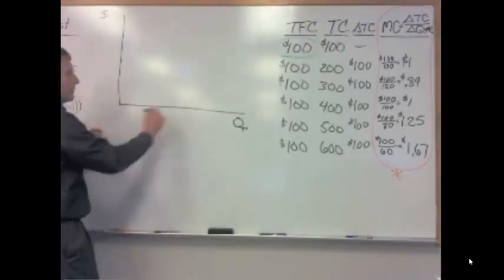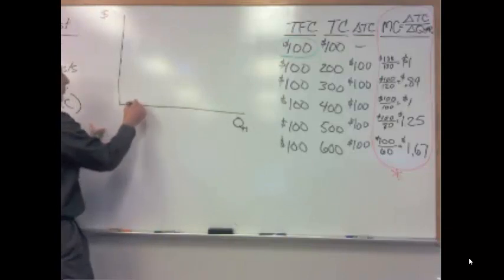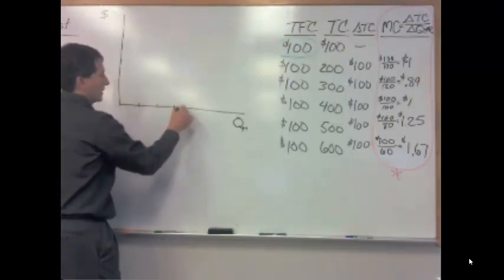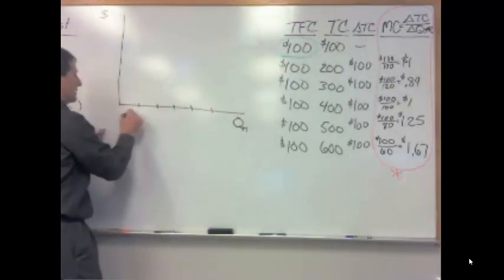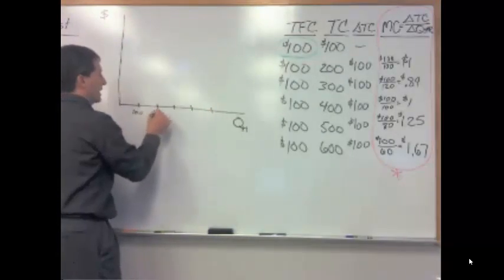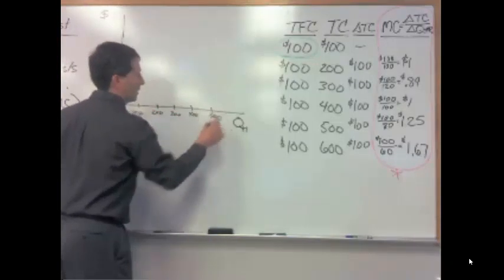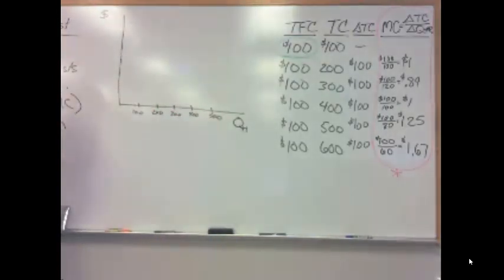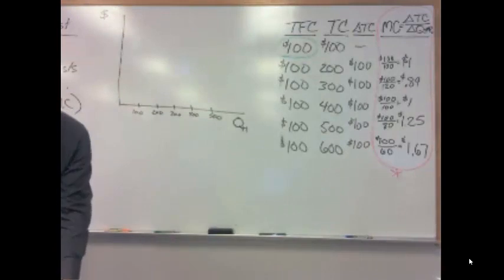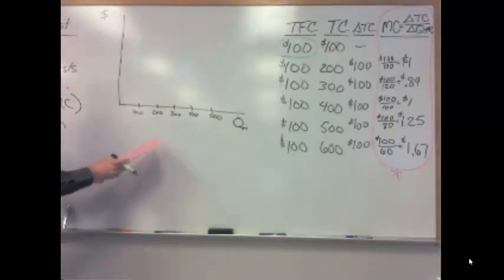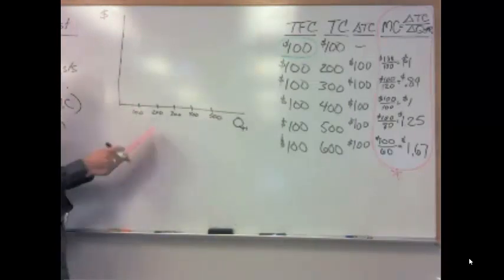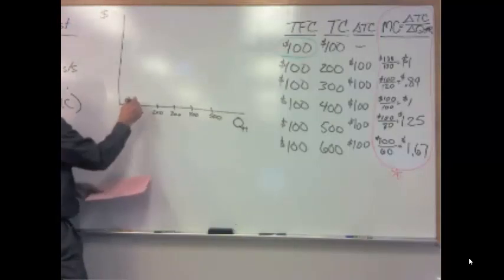And if we look at our hamburgers and go 100, 200, 300, 400, 500, just kind of equally space out these hash marks. And then graph it out. At 100 hamburgers, the marginal cost was $1.